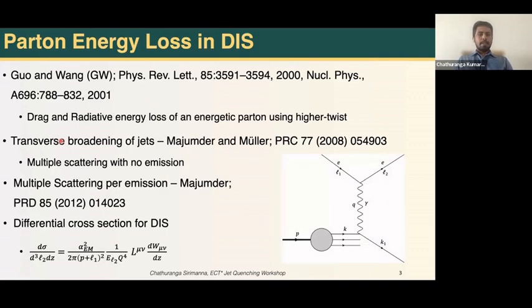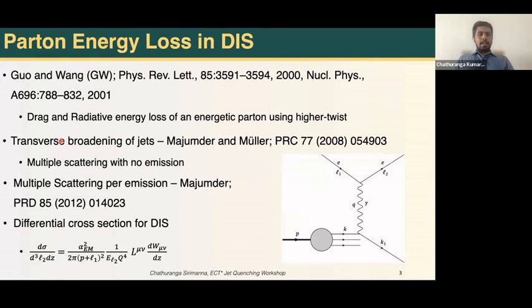Parton energy loss in deep inelastic scattering has been studied for many years. And one of the most important studies was done by Guo and Wang back in early 2000. Here they calculated drag and radiative energy loss of an energetic parton using high twist formalism.